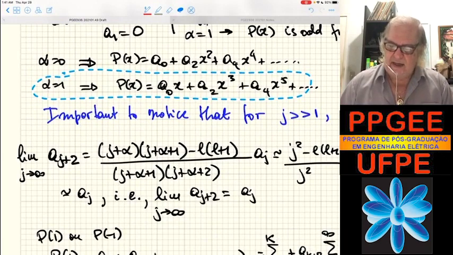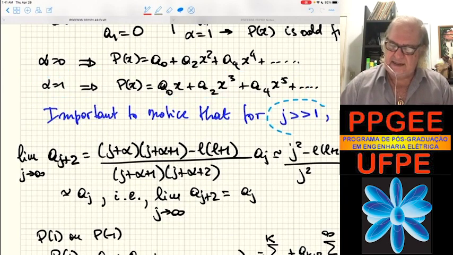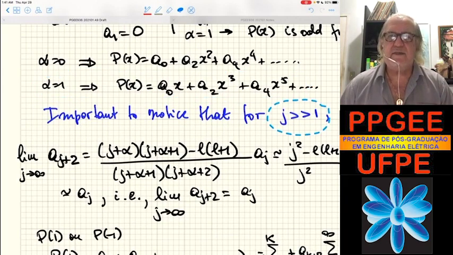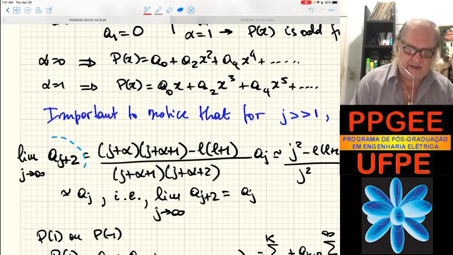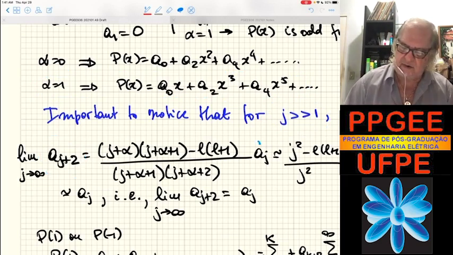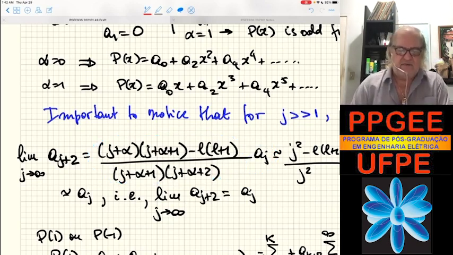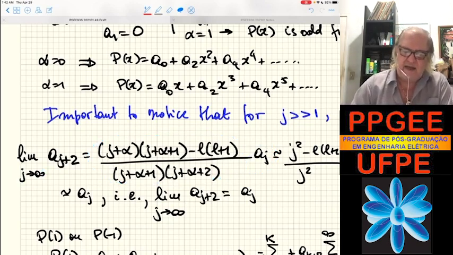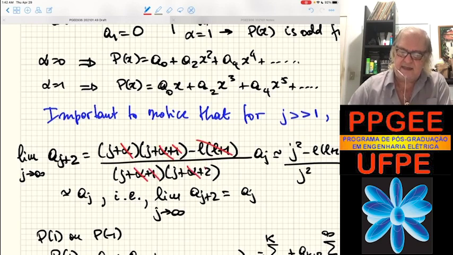And we look for large indices, j much larger than 1, okay? So the relationship between neighbor coefficients is a factor like this one. So for j very large, you can neglect everything that is summed to j. This is neglected, this is neglected, this is neglected, this is neglected, this is this, and this.